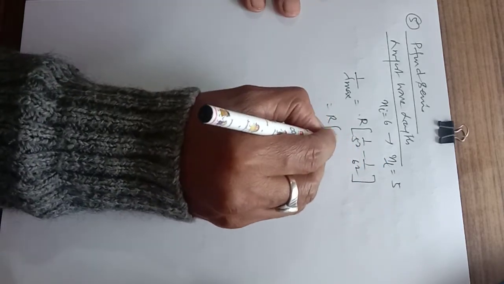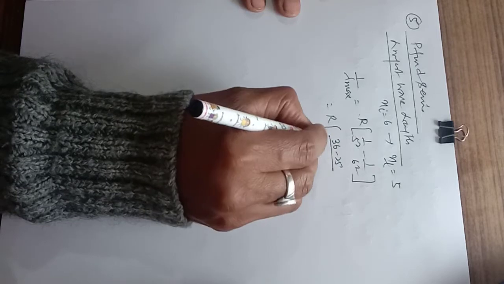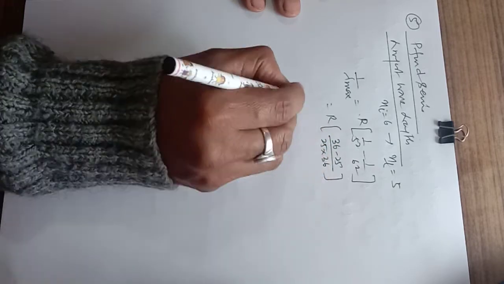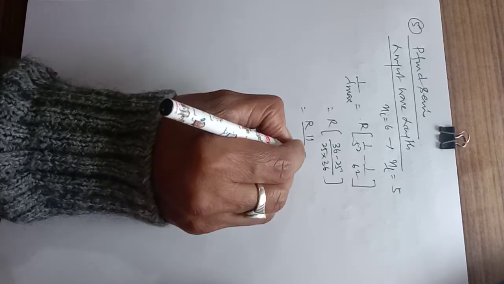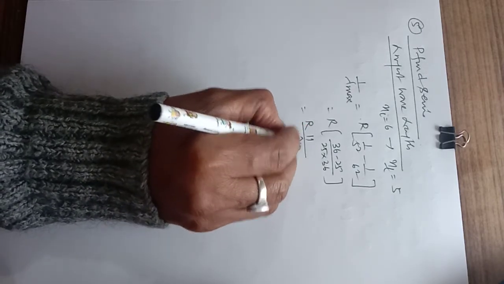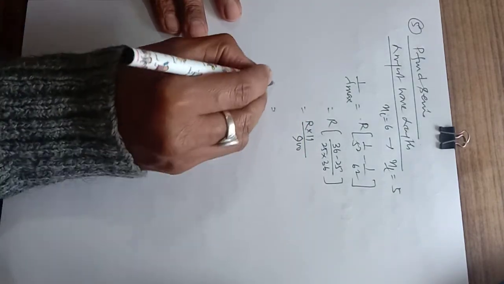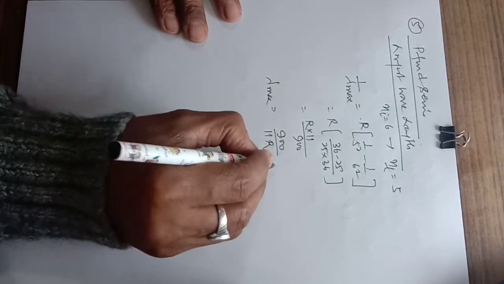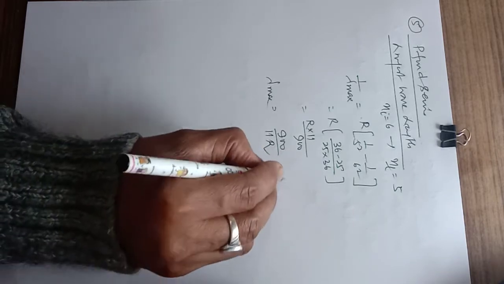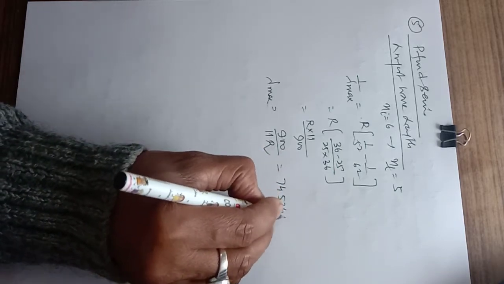So R, that is 36 minus 25 over 25 multiplied by 36. So it is R into 11 divided by 900. So lambda maximum is equal to 900 upon 11 R. It will give you near about 74536 angstrom.